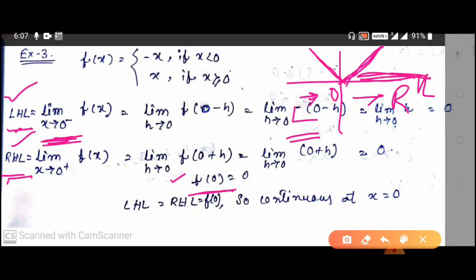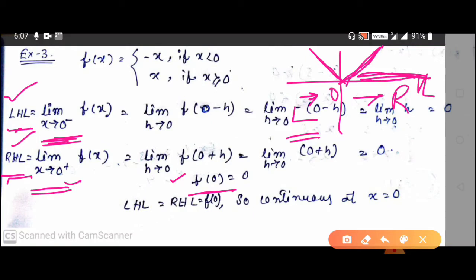So the value is more than 0. That is why we have to write here x tends to 0 positive. That means x tends to a 0 which is more than 0. Suppose 0.1, 0.2, we don't know the value, we have to write only 0 positive. That is a small value which is more than 0.